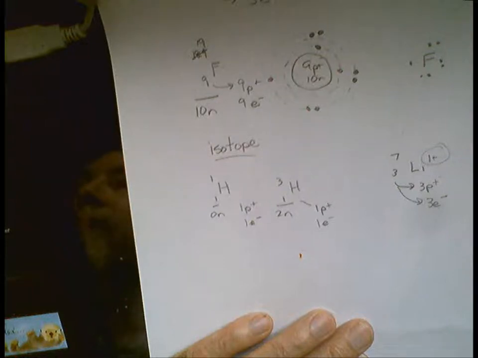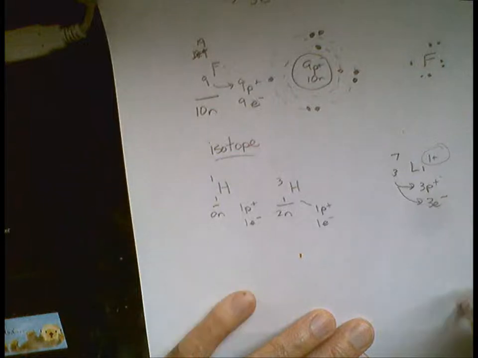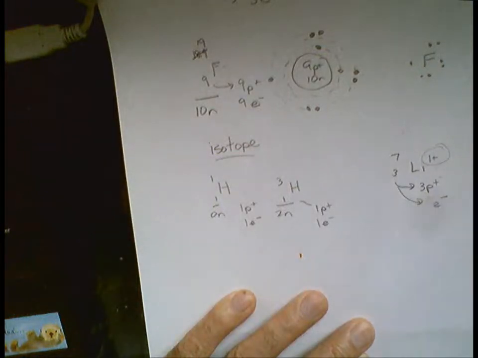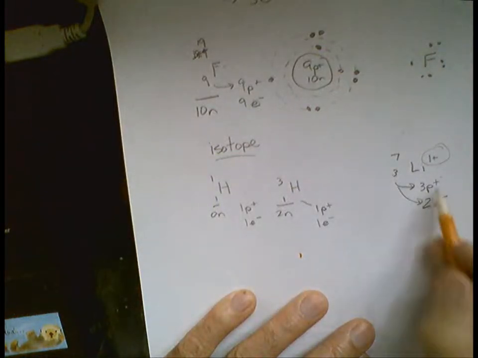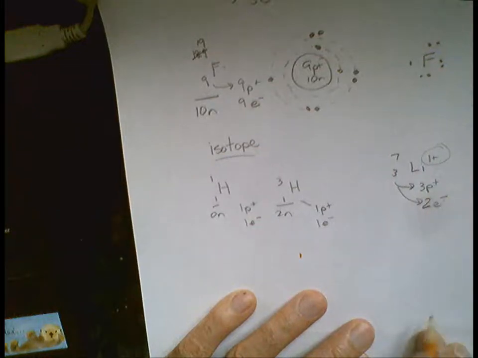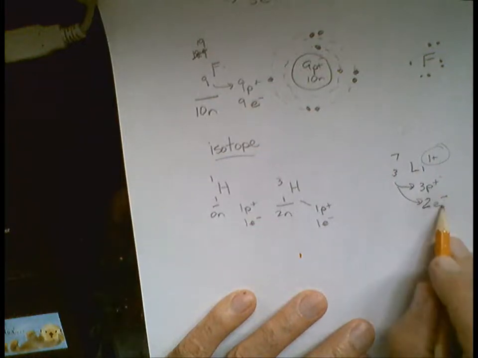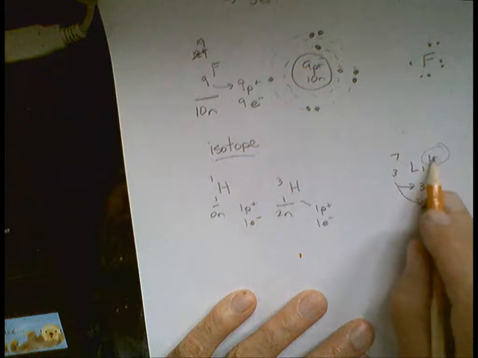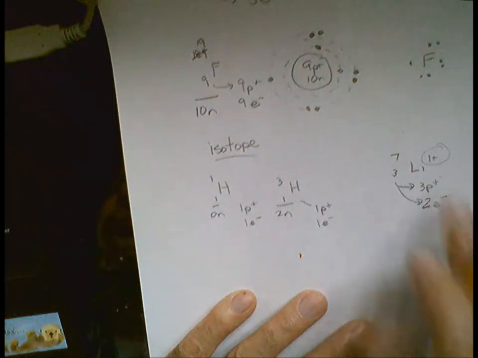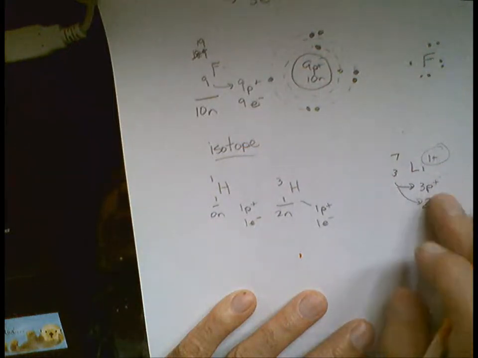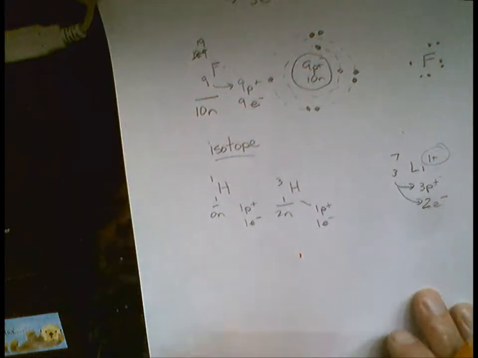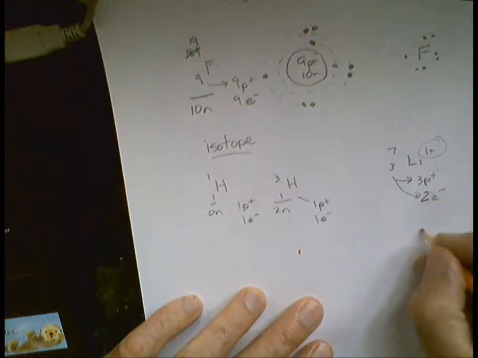You can never change the proton number. Let me say that again, it's really important. You can never change the proton number in an atom, but you can change the electron number. So we've got 3 positives and 2 negatives, so we've got 1 more positive than negative. Always write these down so they're equal, and then change your electron number to suit the charge.